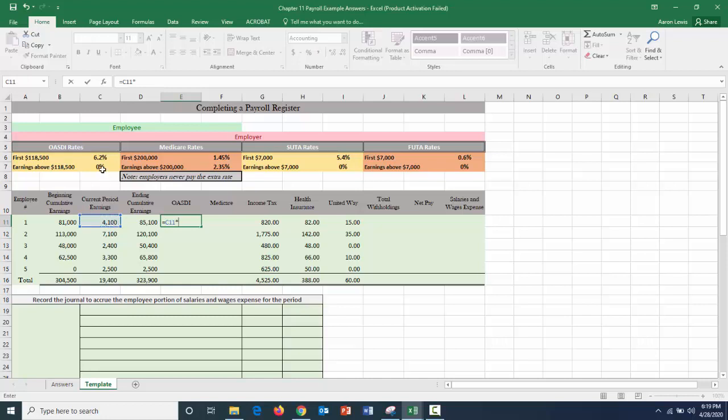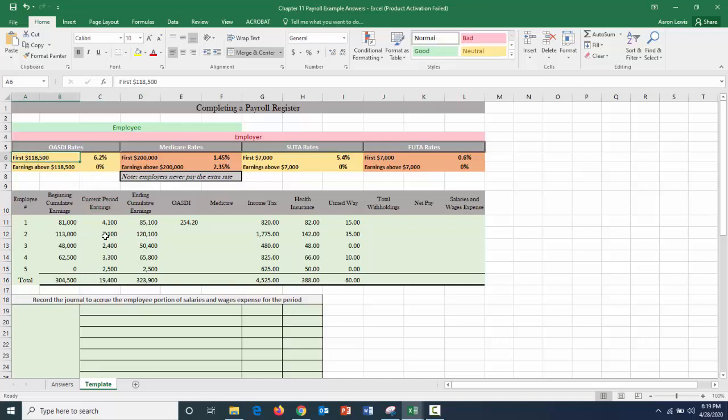If we take $4,100 and multiply it by 6.2%, we're going to get $254.20 that employee 1 gets taken out of their paycheck for Social Security tax. Employee 2 made $7,100 during the period, taking their earnings from $113,000 up to $120,100. But here's the catch: they only get taxed on their first $118,500.